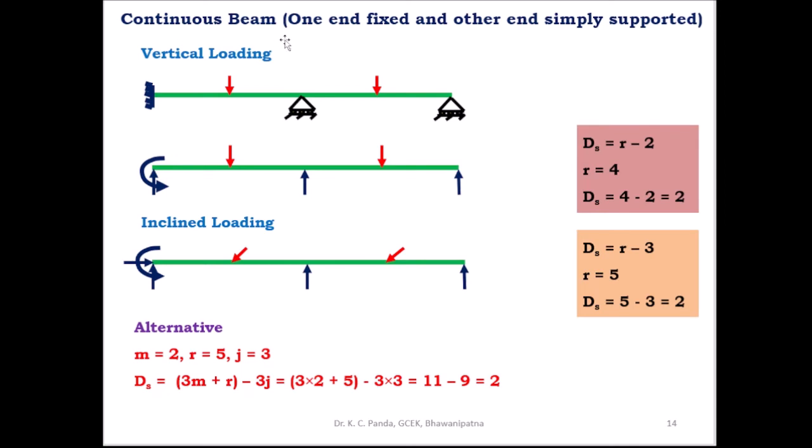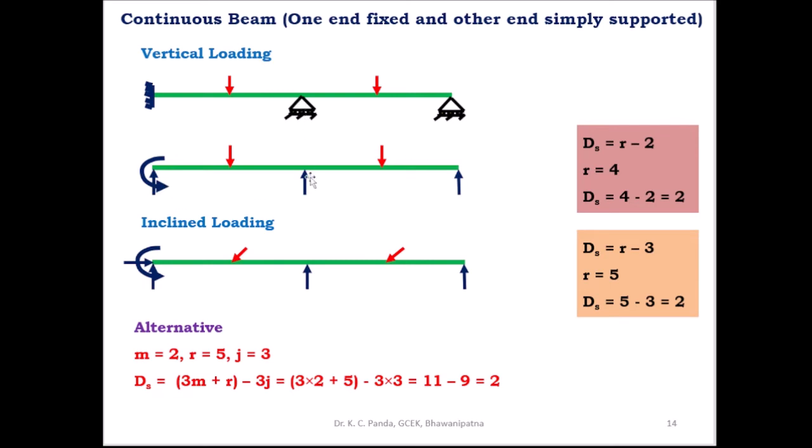Coming to the continuous beam when one end of the beam is fixed and the other end is simply supported. So this end is fixed and this end is simply supported, and here this is the intermediate support. The intermediate support and this support are both roller supports. In this case, when the two span continuous beam is subjected to vertical loading, at the fixed end there is no horizontal reaction component, only the vertical reaction component and the moment.